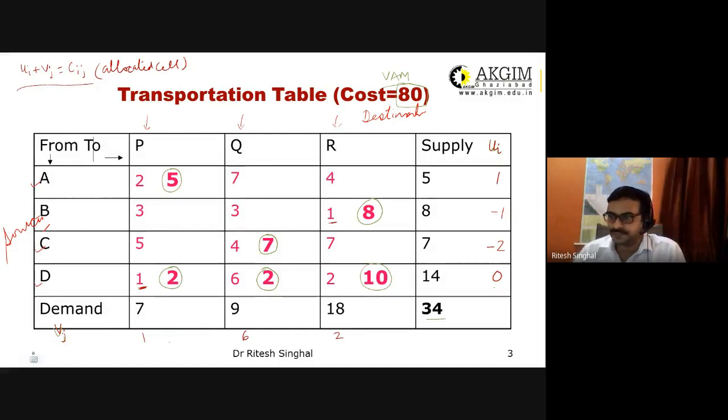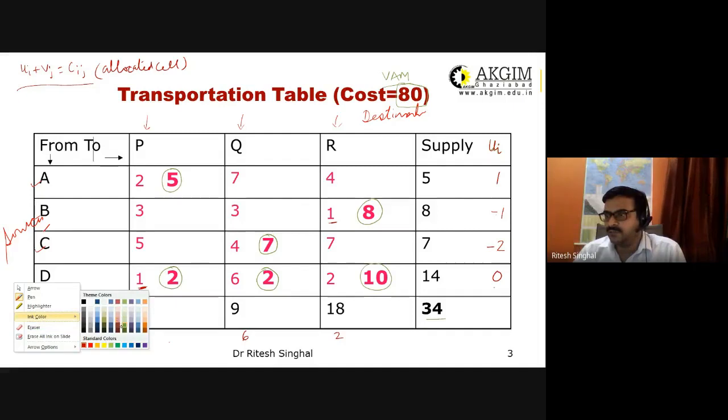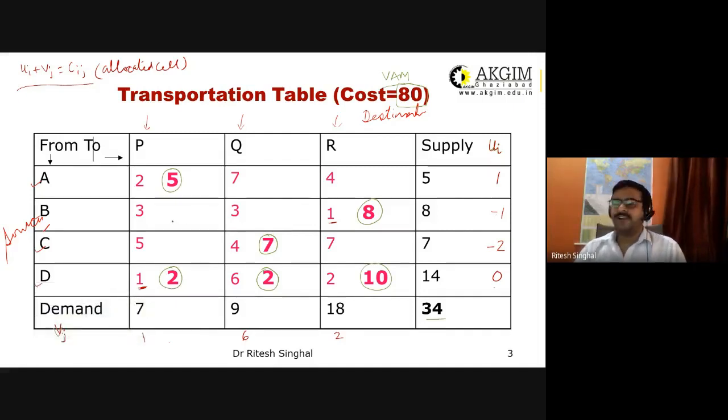After calculating these values, we have to identify the unallocated cells. I mark these unallocated cells here so that you can easily understand.